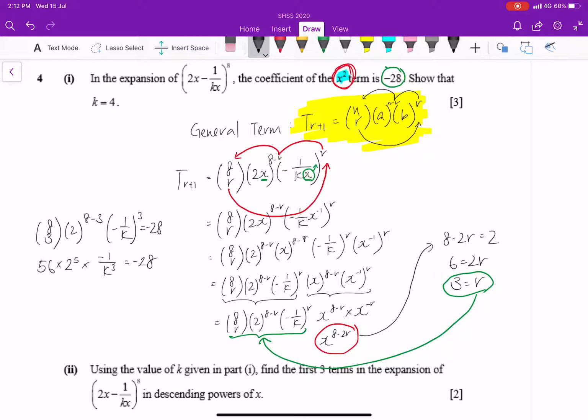Time to solve for the value of k. 2 to the power of 5 is 32, times negative 1 over k cubed equals negative 28. So negative 1 over k cubed is equal to negative 28 over 56 times 32.